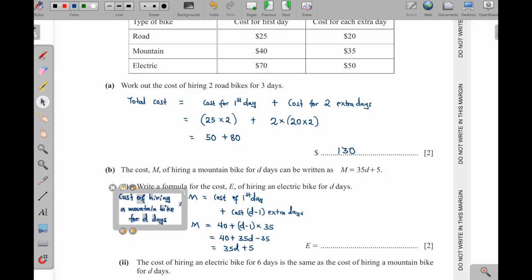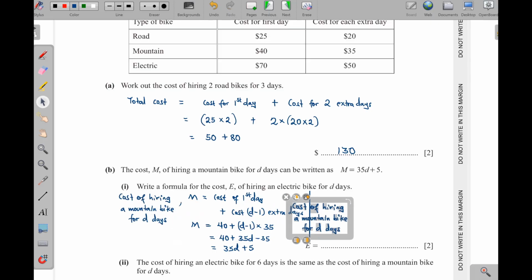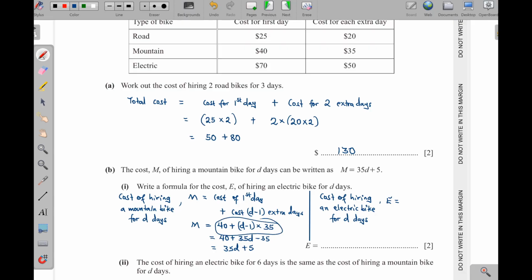So this therefore implies that when we come to this one here, we are going to do the same thing. Okay, let's do the same thing. Now, cost of hiring an electric bike. So cost of hiring an electric bike, this E here is going to be equal to we substitute in this formula here.